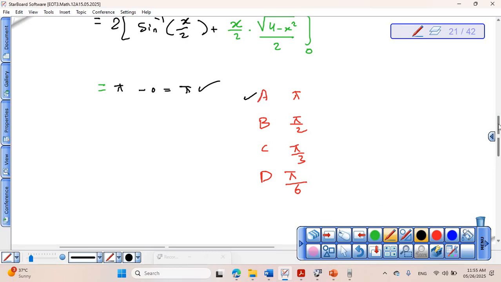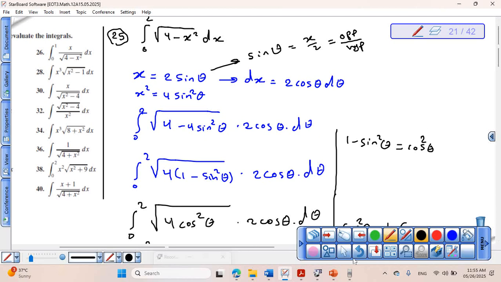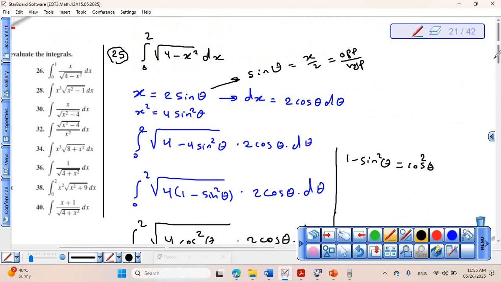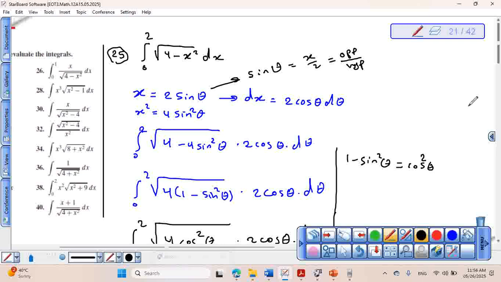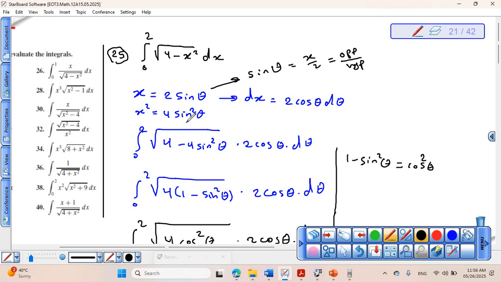I can use the calculator directly: radical 4 minus x squared from 0 to 2, and the answer is 3.14, exactly pi. Not easy to solve this question, because it is a definite integral.